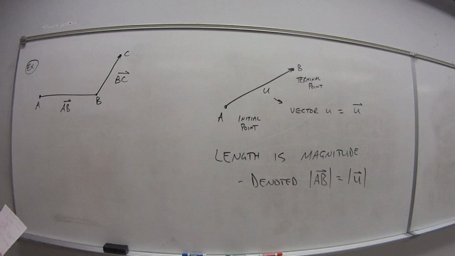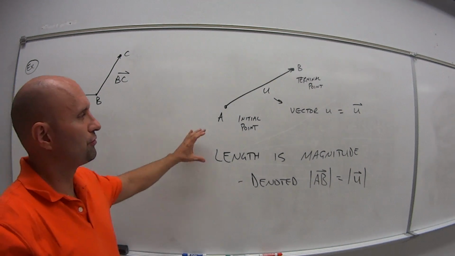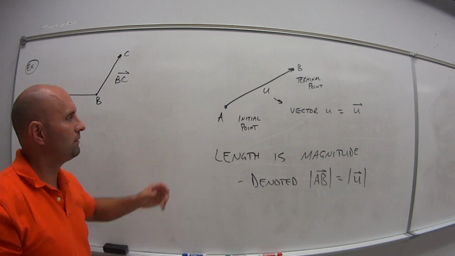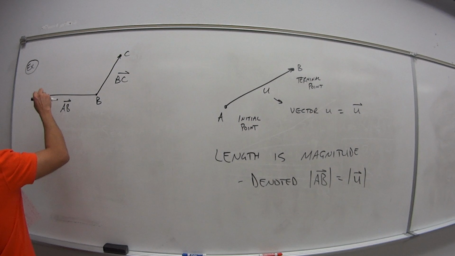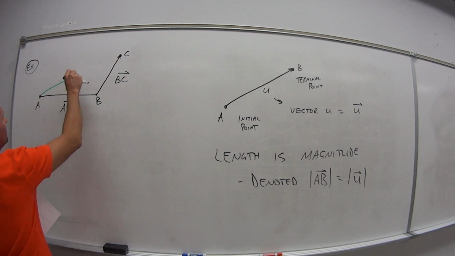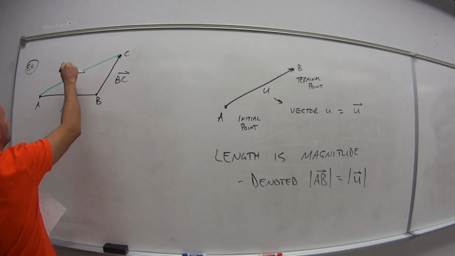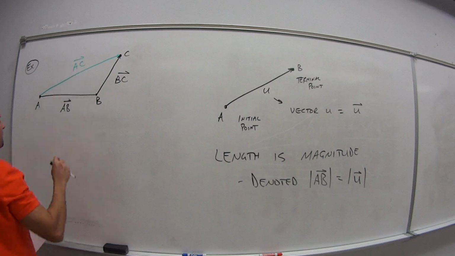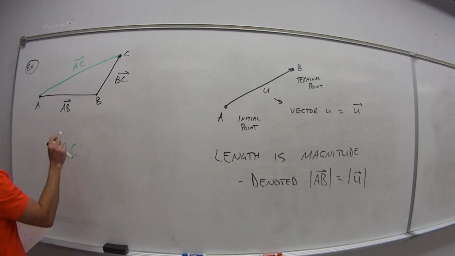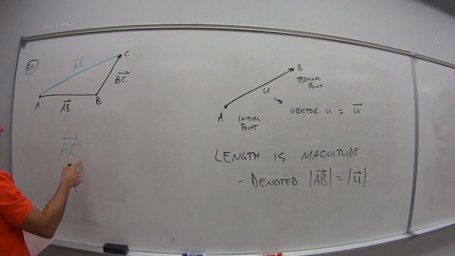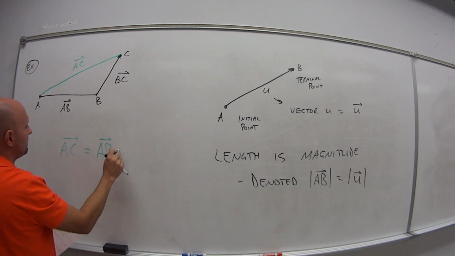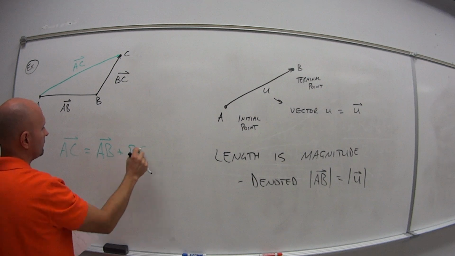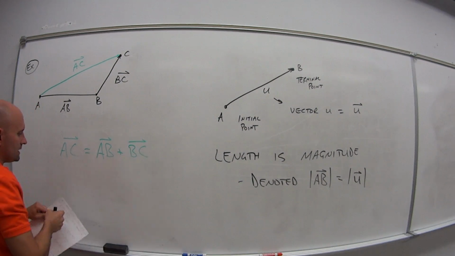Because vectors just represent displacement, if I go from A to C, let's call that vector AC, AC is the same as if I take vector AB and add to it vector BC.